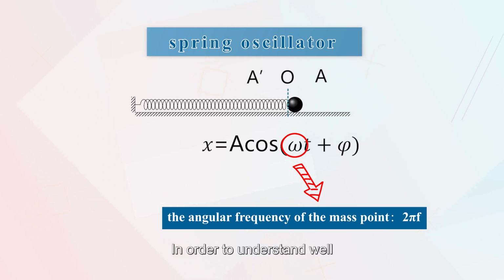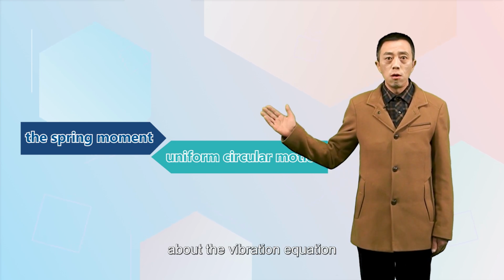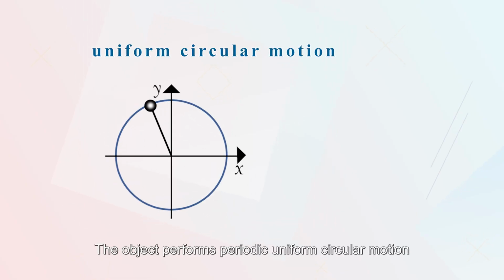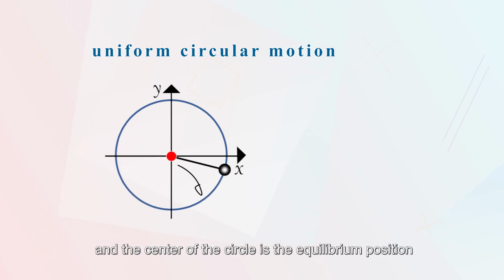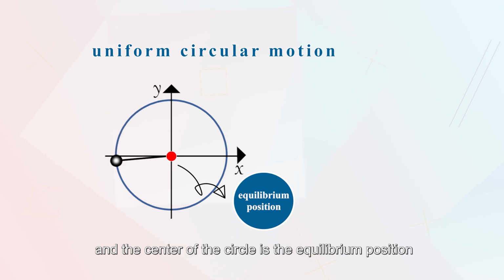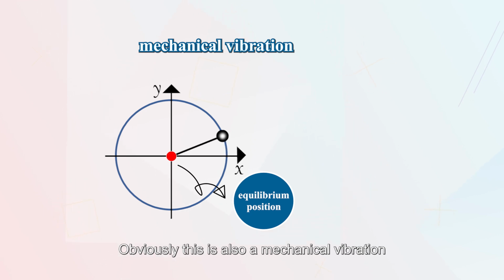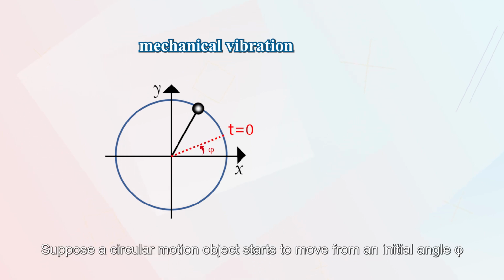In order to understand it well, let's compare the spring oscillator with uniform circular motion, and then get a clear understanding of the vibration equation, as shown in the figure. The object performs periodic uniform circular motion around the center of the circle, and the center of the circle is the equilibrium position. Obviously, this is also a mechanical vibration. Suppose the object starts to move from an initial angle phi.